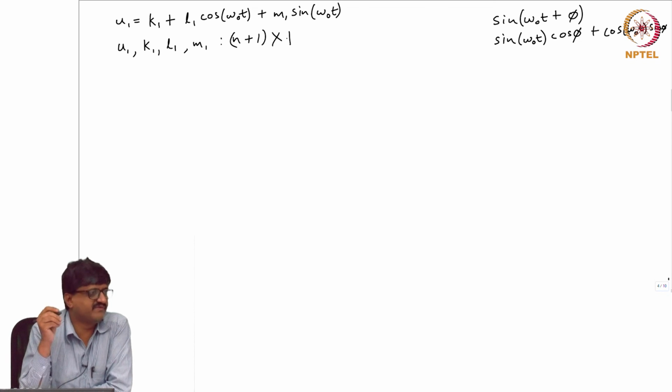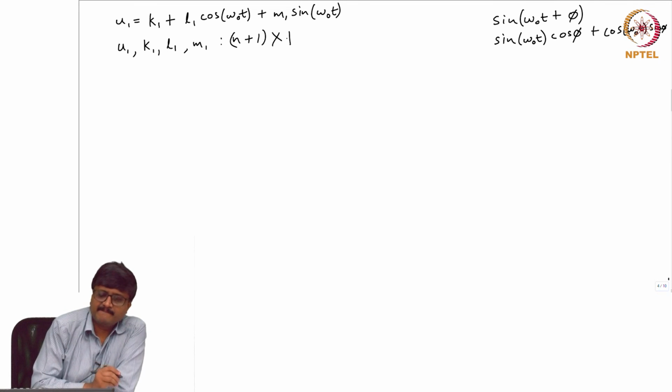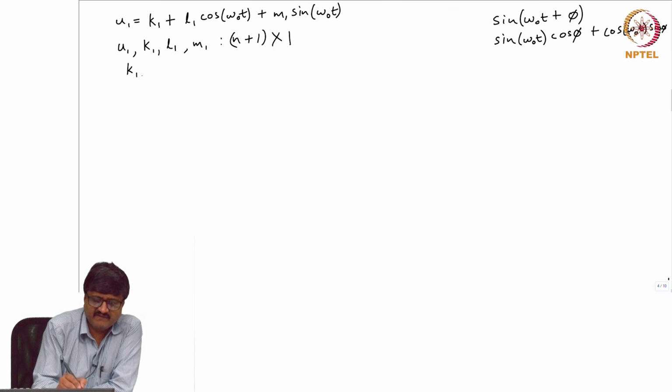Size of x1 is n plus 1. We used the notation n for the size of x2. Okay. So, is this clear? K1, L1, M1 are constants. They are constant column vectors.